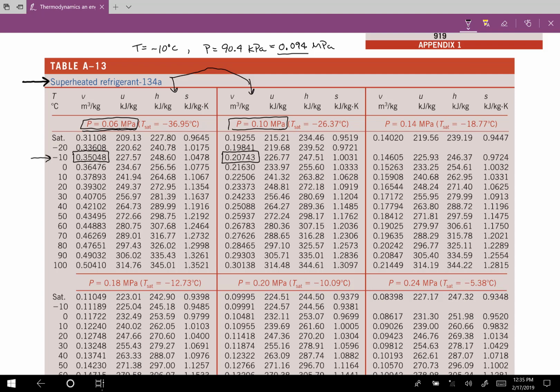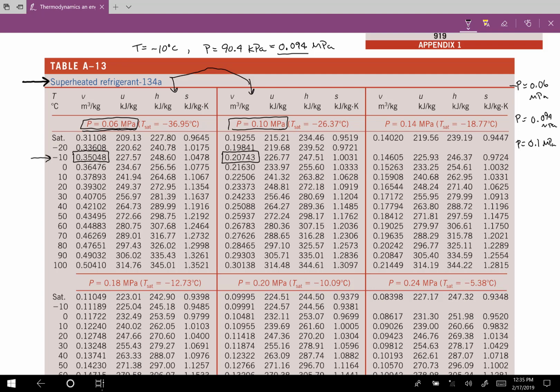We're given data for pressure at 0.06 megapascals and pressure at 0.1 megapascals. Our pressure is 0.094 megapascals, so our pressure falls somewhere between these two given tables.